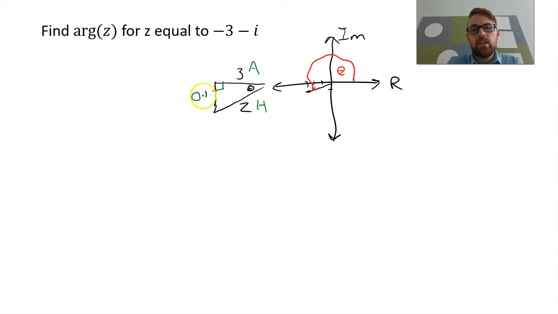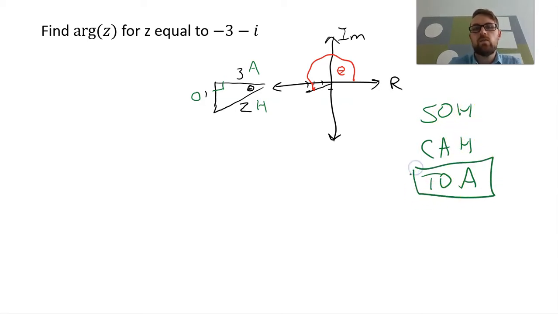So we've got the opposite and the adjacent. Thinking back to our SOHCAHTOA, we've got opposite hypotenuse, adjacent hypotenuse, opposite adjacent. So we're going to use this one, T, for tan, and that's going to be true for all of these cases.